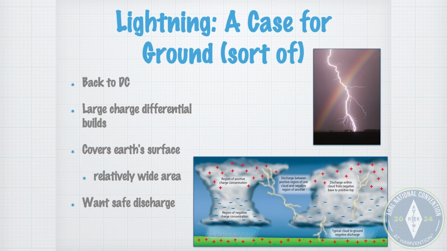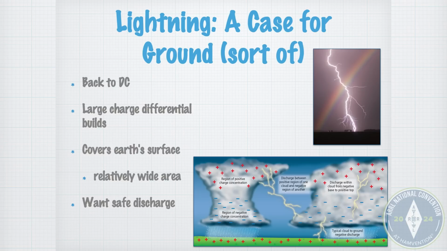The corresponding dirt on the other side gets the reverse charge because of the electric field pulling things in one direction or the other. These things can cover big chunks of the Earth's surface. As I was coming here, I flew past an 80-mile diameter thunderstorm, and it was doing a very good job of covering the Earth's surface with a lot of charge. So they can be really big.